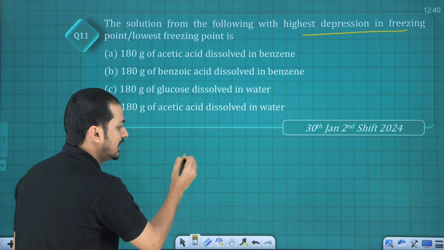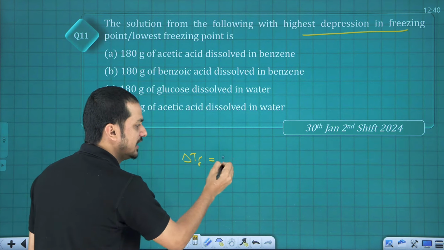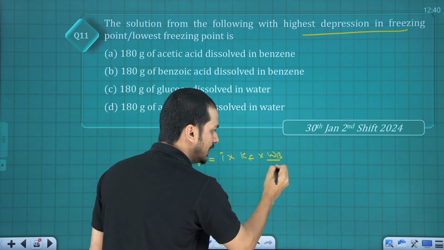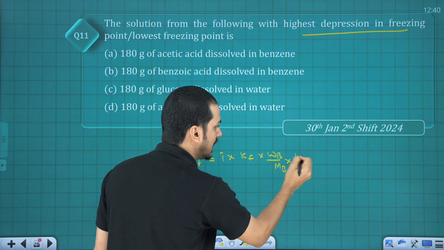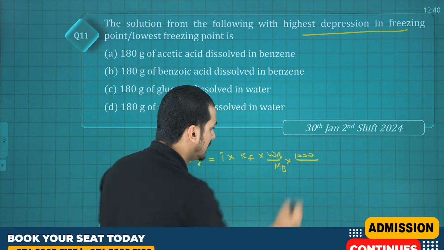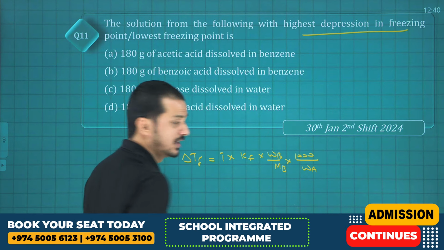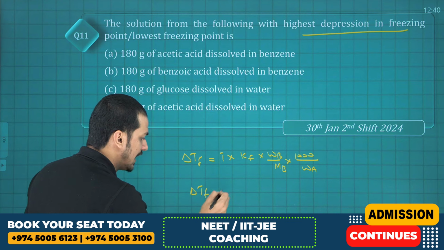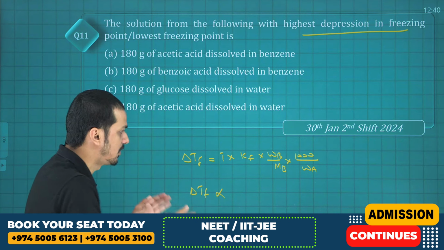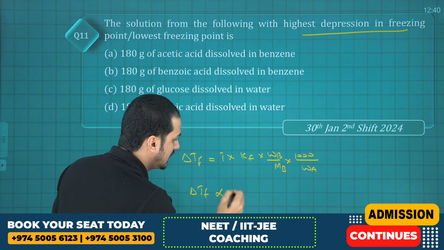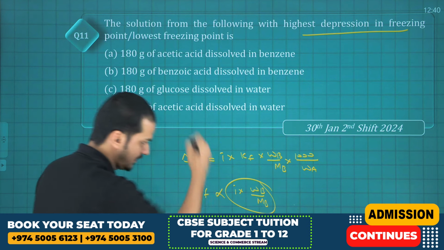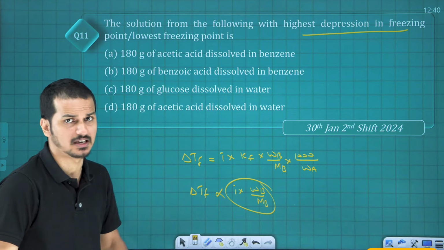We know the formula, delta TF equals i into KF into WB by MB into 1000 divided by WA. So the depression in freezing point is directly proportional to i into WB by MB.